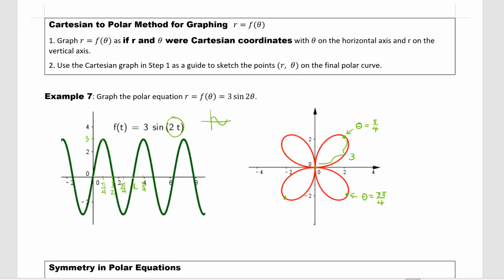This corresponds to theta is 3 pi over 4. And then here we get theta is 7 pi over 4. So like I said, it's like this, but it goes to the 4th quadrant, and you go to the 3rd quadrant, and you go to the 2nd quadrant, and go backwards. Okay, so this is how you graph the polar curve.